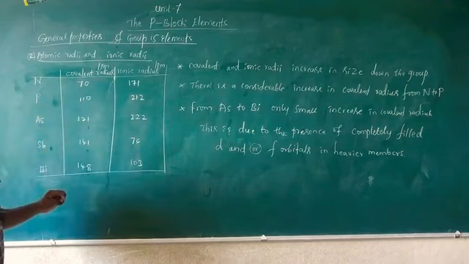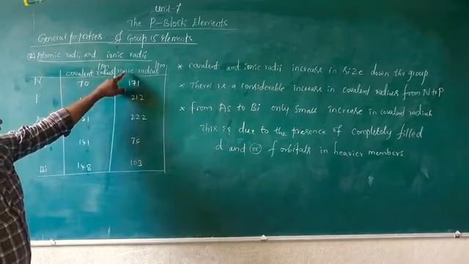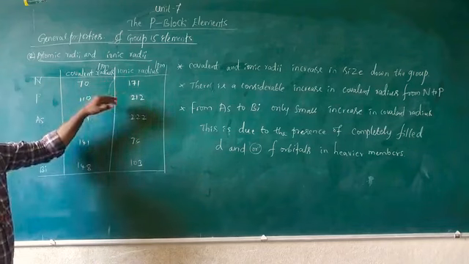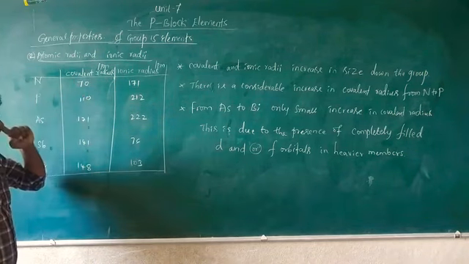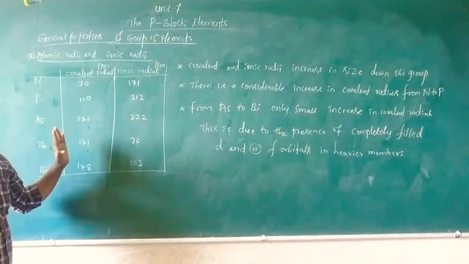Whether covalent or ionic, the radius increases down the group.